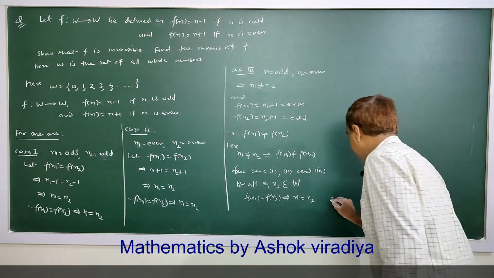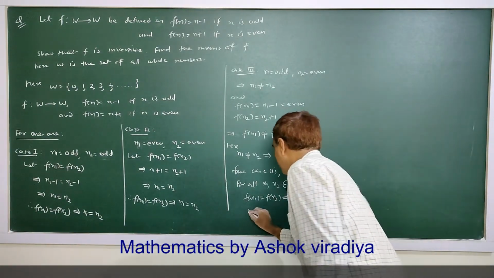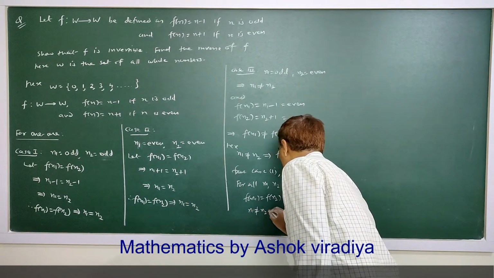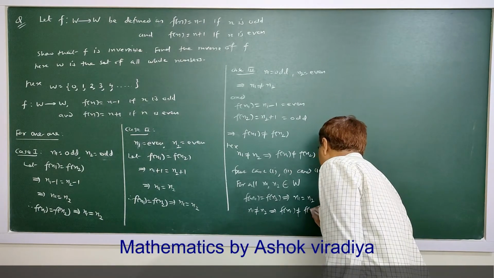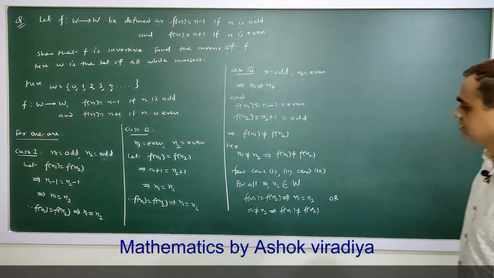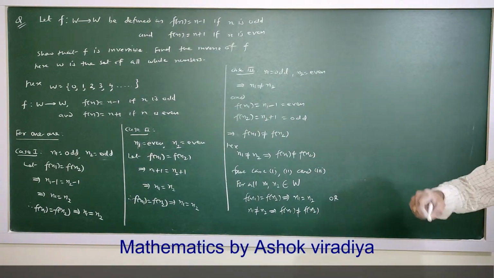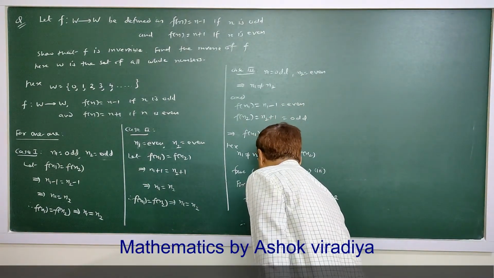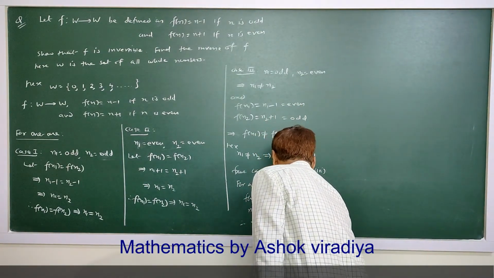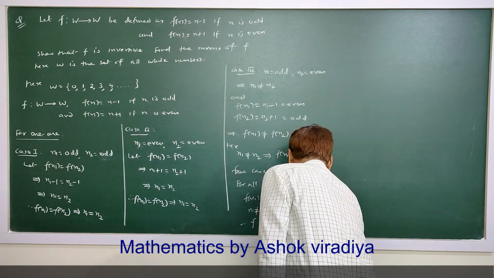Or we can say the same statement this way: n1 not equal to n2 implies f of n1 not equal to f of n2. So the function is 1-1. Therefore this function is a 1-1 function.